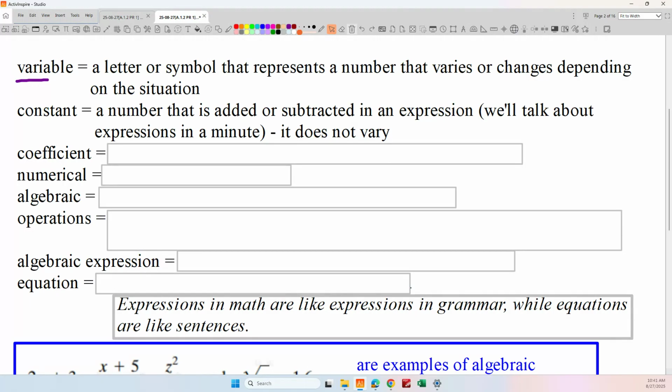Okay, how about a coefficient? What's a coefficient in math? Remember? Think about where it comes in a math expression. They always sit in a specific place. In front of what?